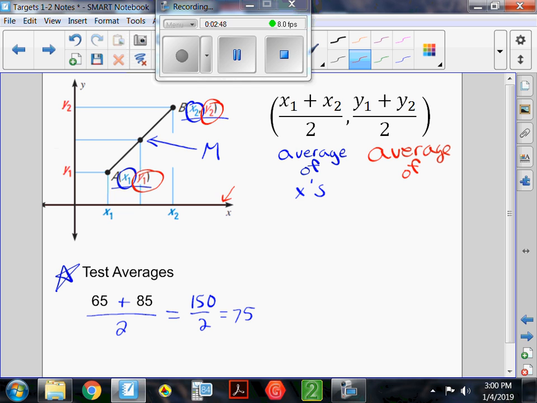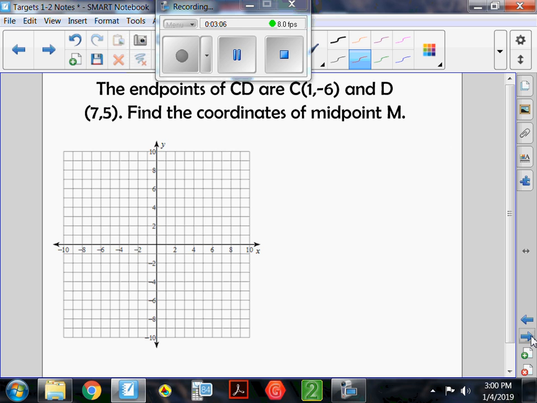If you think about the formula in that perspective, it makes it easier, maybe, to memorize the formula: to find midpoints, we're going to add the x's and divide by 2, add the y's, divide by 2. You're finding the average of the x's and the average of the y values.